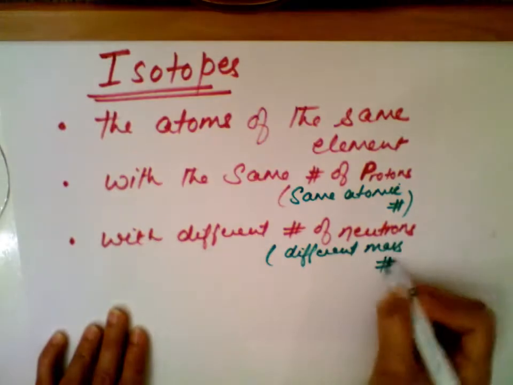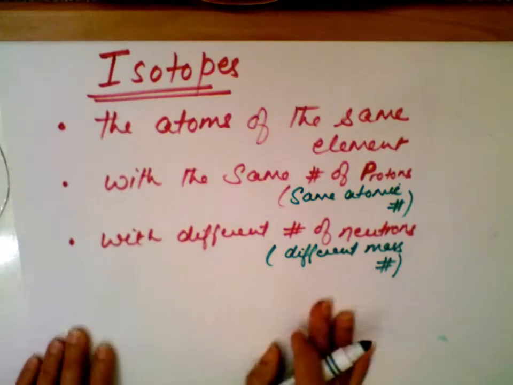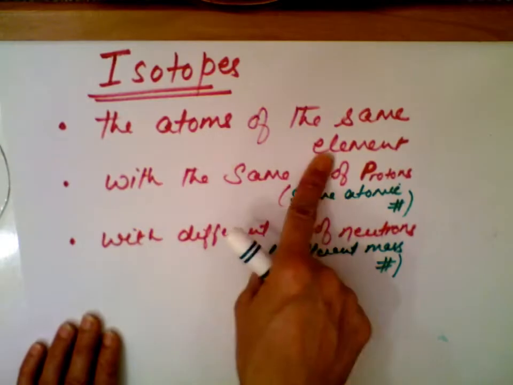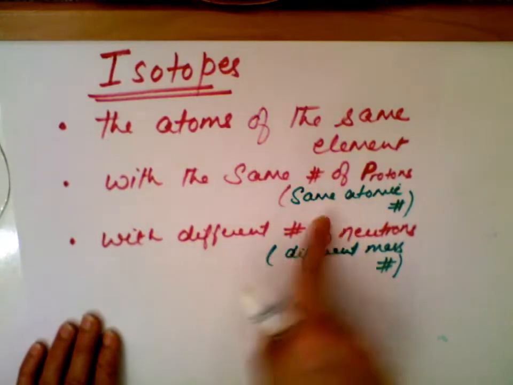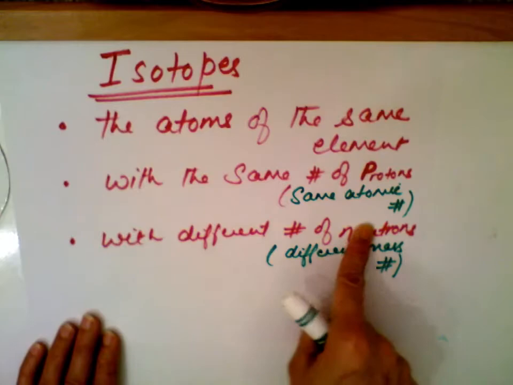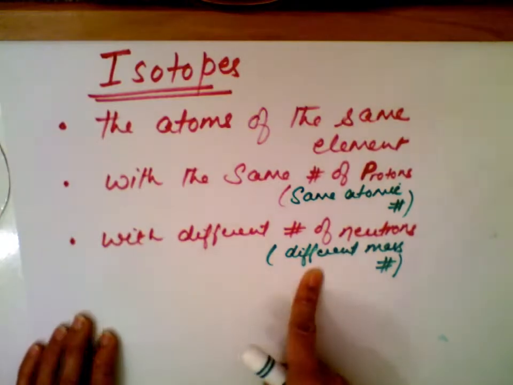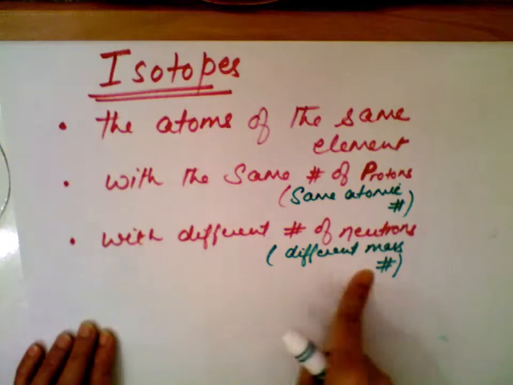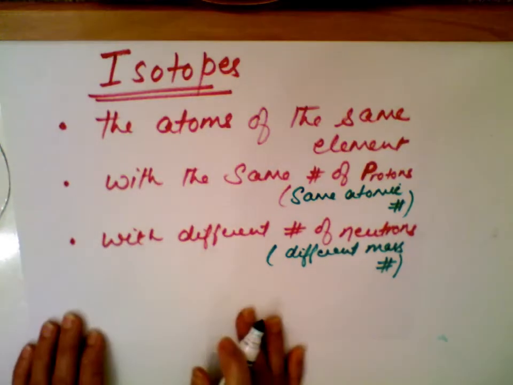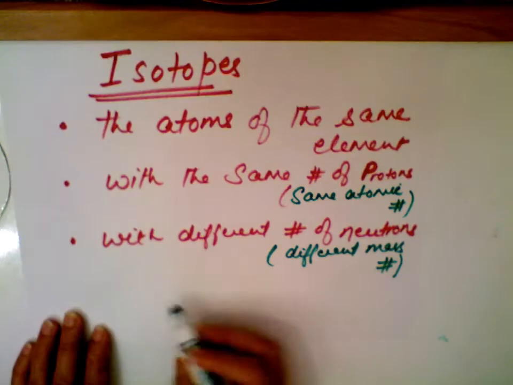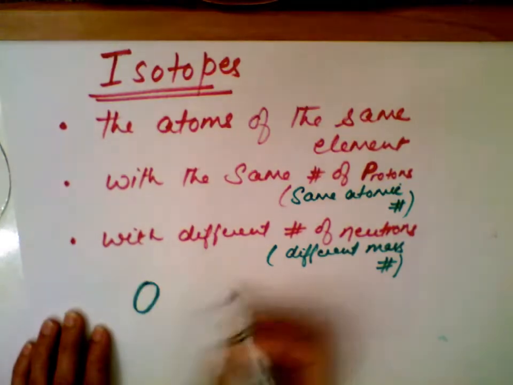Because of the different number of neutrons, what else is different is the mass number. So isotopes are atoms of the same element. They have the same number of protons, meaning the same atomic number, but they have a different number of neutrons. As a result, they have a different mass number. So let's take any element. We can take oxygen.